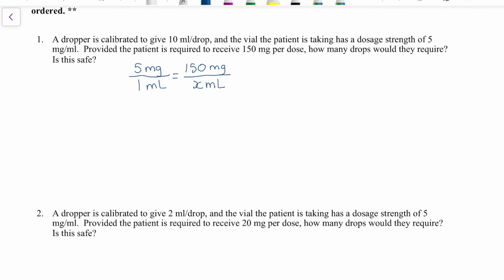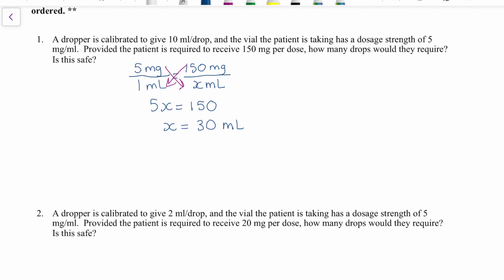Now I know it says how many drops, but we first need to figure out the milliliters, and then we can go from milliliters to drops. Okay, so I'm going to cross multiply, and I get 5x equals 150, and then I'm going to divide, and I get x equals 30. Okay, so 30 milliliters.